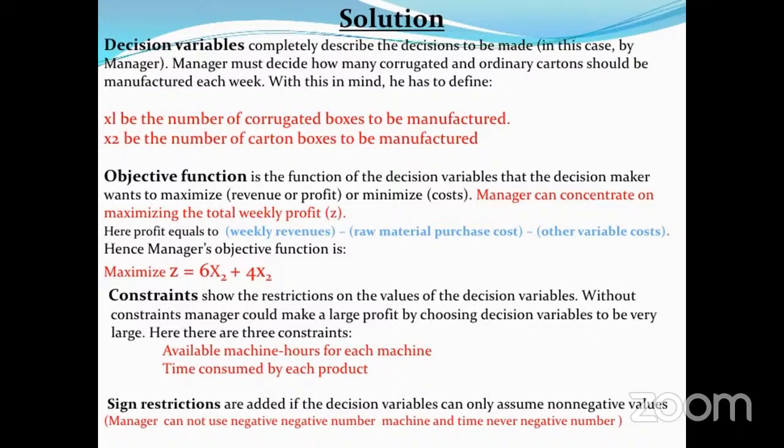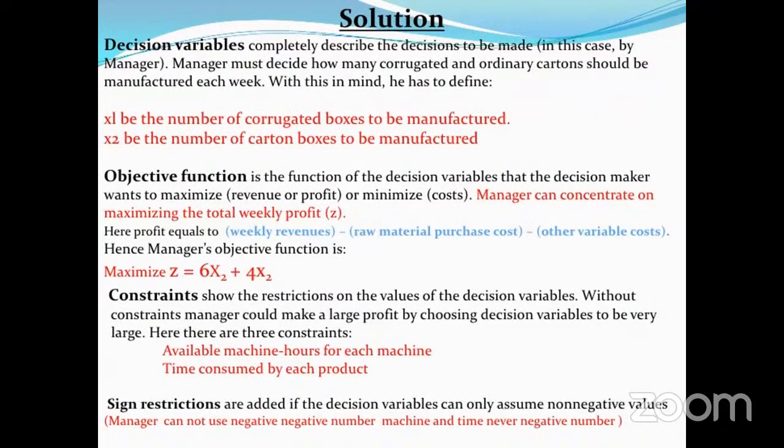So how to write here? Maximize Z equals 6x1 plus 4x2. That is the objective function.